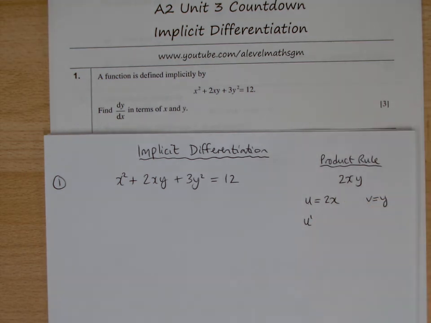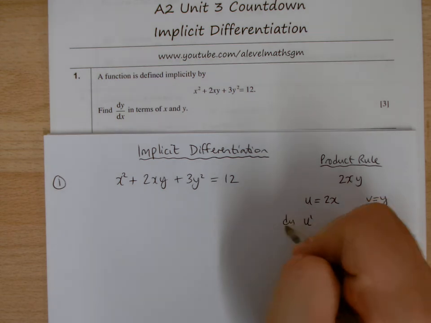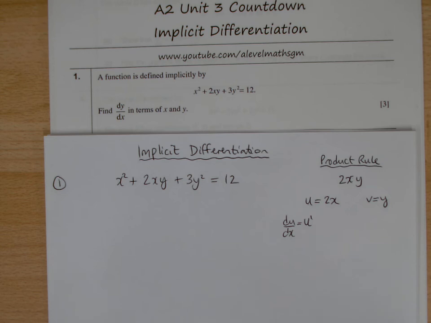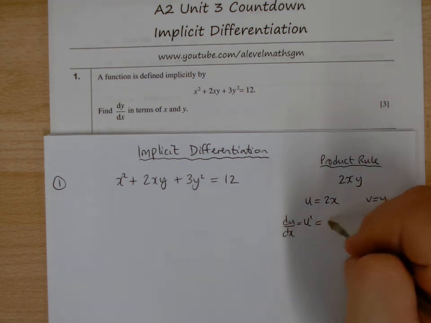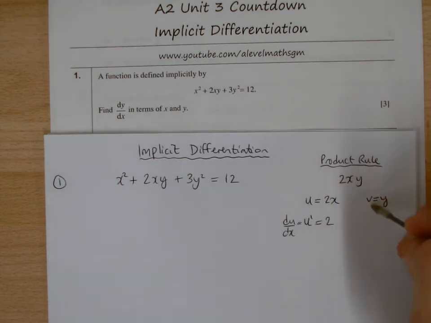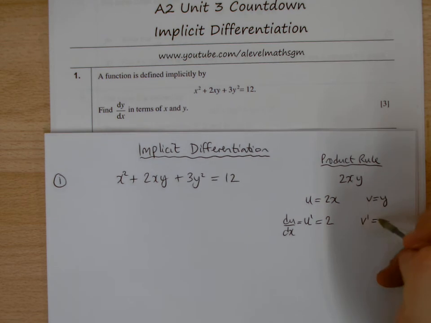It means the same thing, but it's a lot easier if you just put u dash. So differentiate 2x, it just becomes 2. Same thing here, we differentiate this, so dv dx, so just v dash. And we know, of course, y just becomes 1.